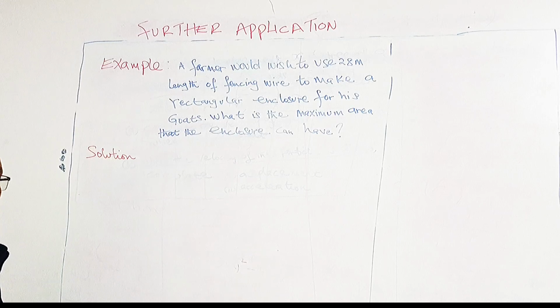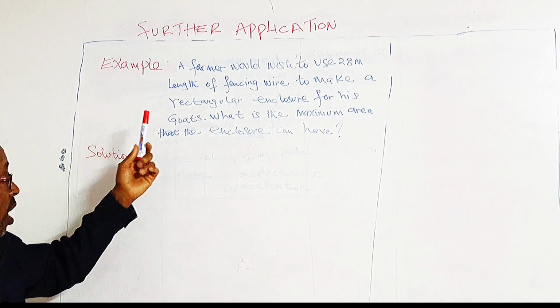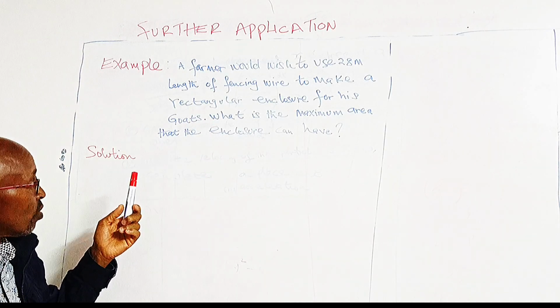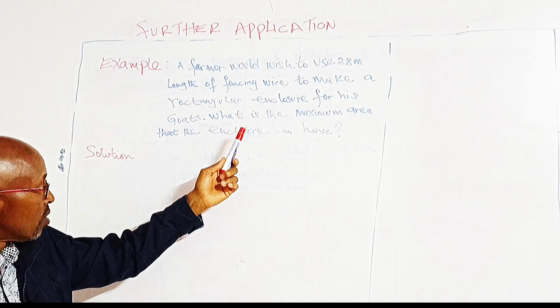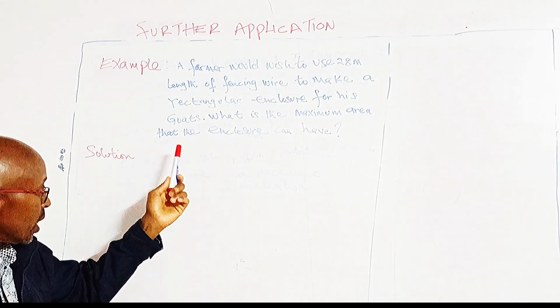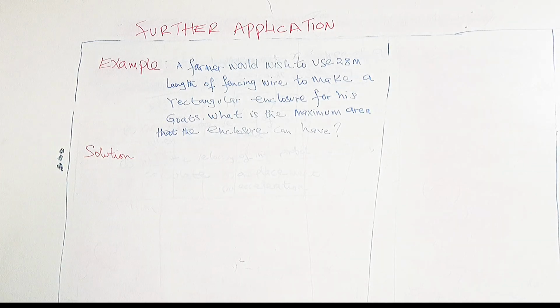We are now turning to further application, and we have given an example here. A farmer would wish to use 28 meters length of fencing wire to make a rectangular enclosure for his goods. What is the maximum area that the enclosure can have? Solution.